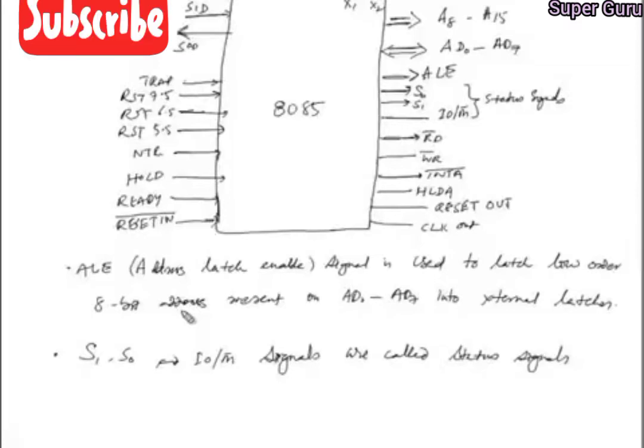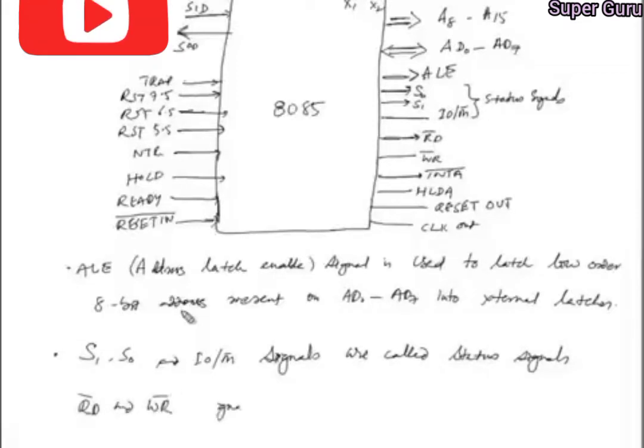Then RD bar, read bar, and WR bar are control signals.